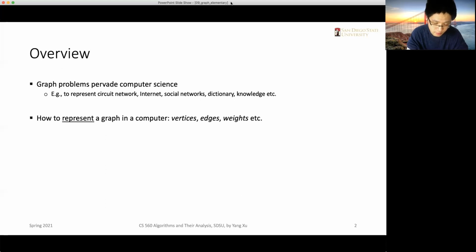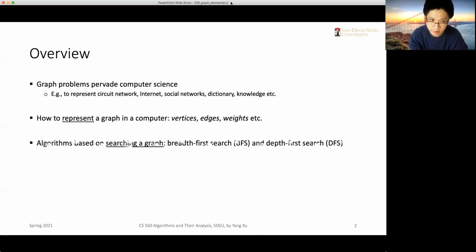Okay, and the key concepts of using a graph are vertices, edges, and weights, and also other attributes, for example. But the keys are the 3 components here. You need to have vertices and the edges that connect the vertices, and the weights that are associated with the edges.